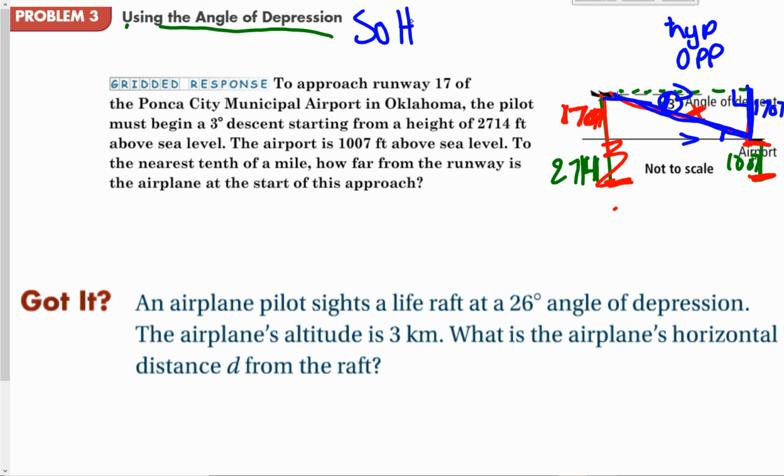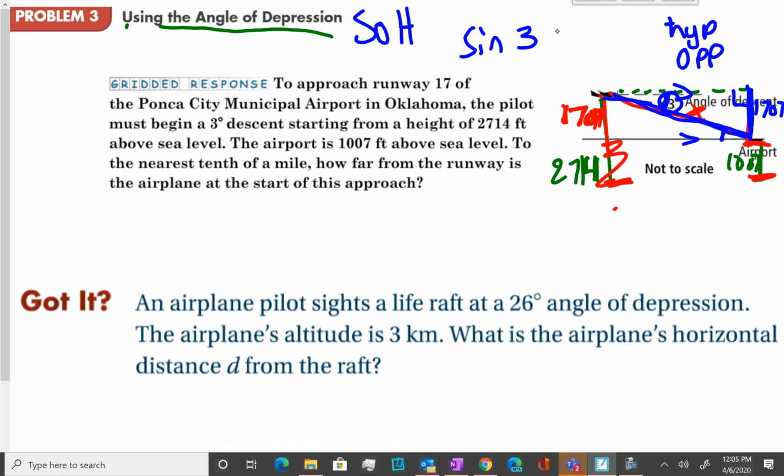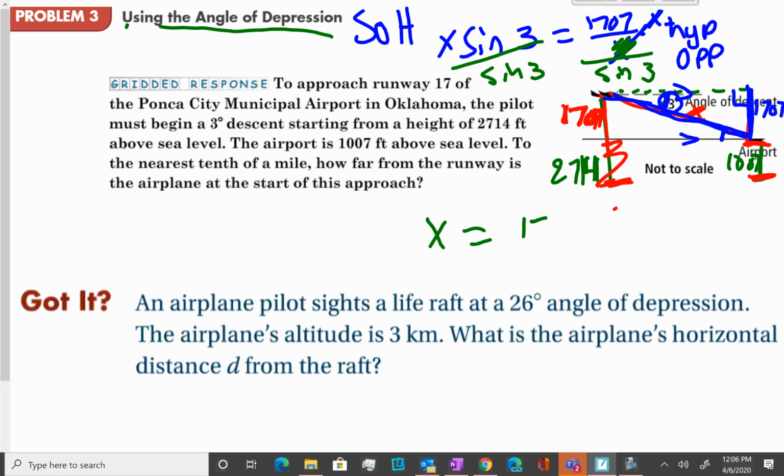So sine of our angle, 3 degrees, is the opposite, 1707, over our hypotenuse x. We can multiply both sides by x, and then divide by sine of 3. So x is equal to 1707 over sine of 3.